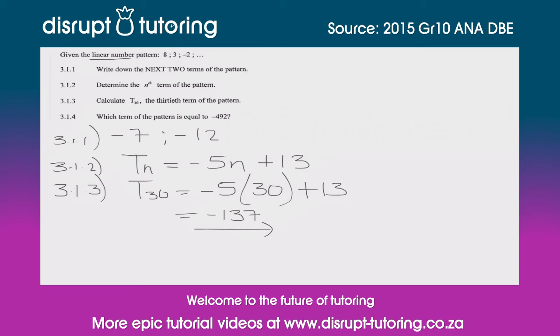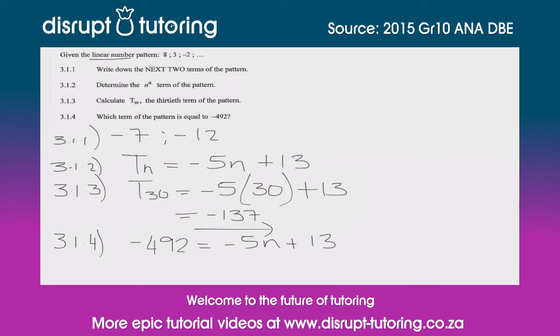And then finally, they've asked us which term of the pattern is equal to minus 492. So what they've given you here is the Tn, and we need to figure out what the n is. So we're going to write minus 492 is equal to minus 5n plus 13. In order to do that, we're literally going to solve an equation using our equation rules.